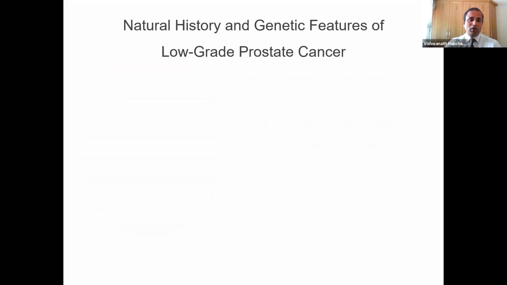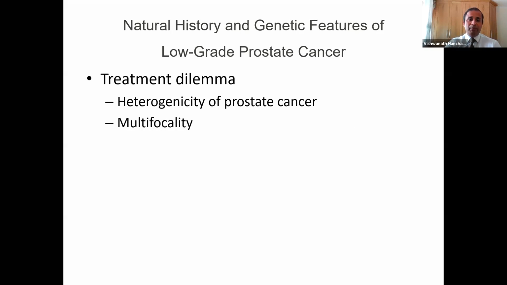So coming to the point of natural history, why this was offered as one of the treatment options for low-risk prostate cancers. We know that there is a significant treatment dilemma for prostate cancer patients. The main two points for that are the heterogeneity of prostate cancer, that Gleason 6 behaves entirely differently compared to Gleason 9 prostate cancer, and multifocality. In the same prostate gland, they could have a Gleason 3 to Gleason 9 prostate cancer.